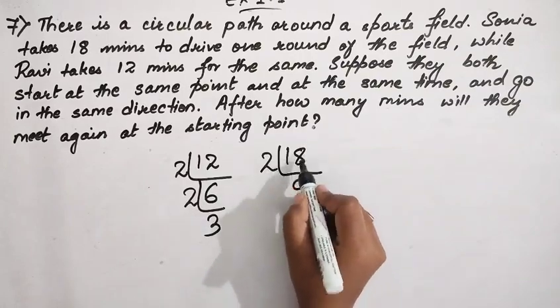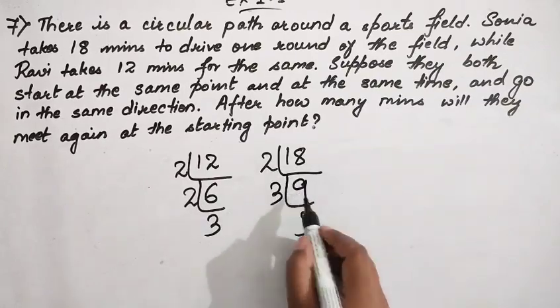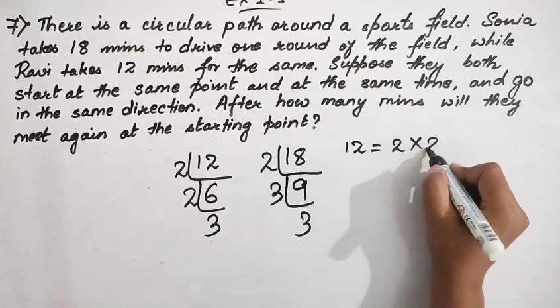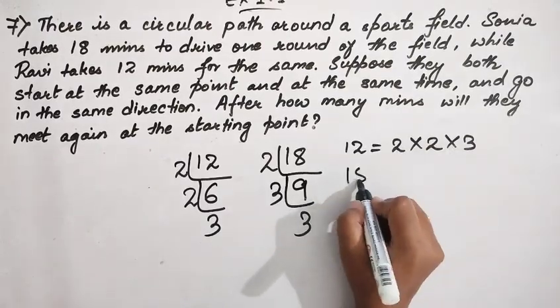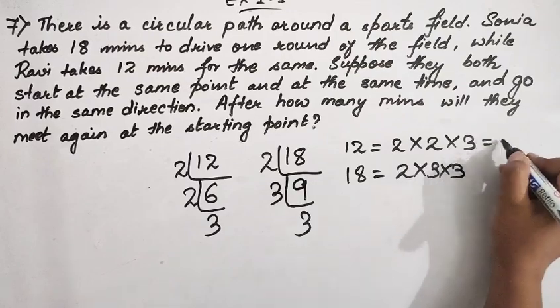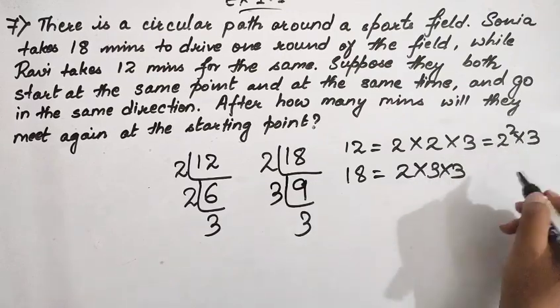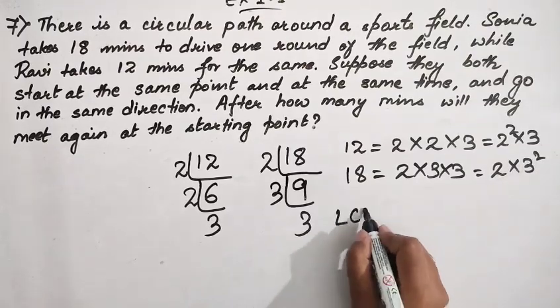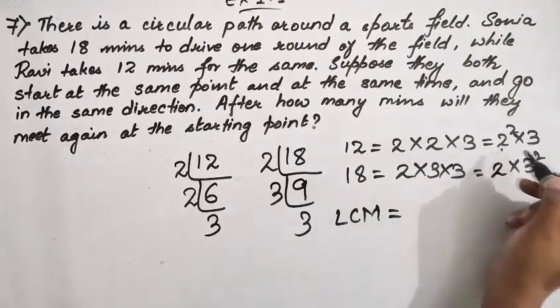Two into 9 is 18 and 3 into 3 is 9. For 12 it is 2 into 2 into 3. For 18 it is 2 into 3 into 3. Or we can write it in the form 2 square into 3 and 2 into 3 square. For LCM we have to take the highest powers.